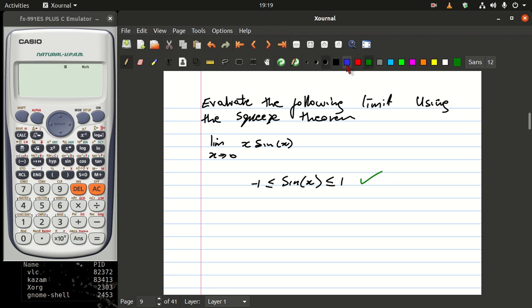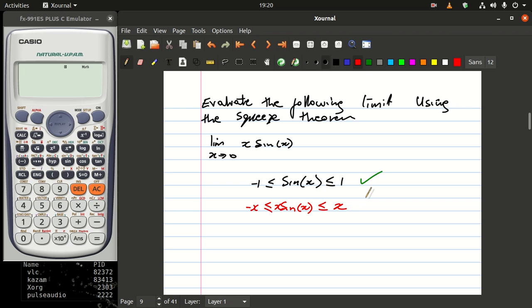The next thing someone might say is, multiplying this whole thing by x, minus x should be less than or equal to sine of x times x, and this should be less than or equal to x.